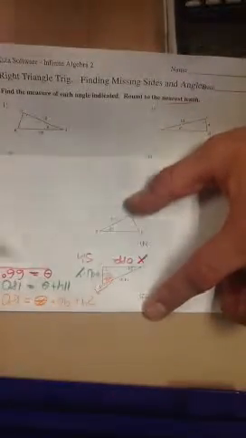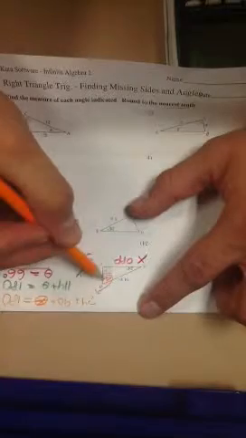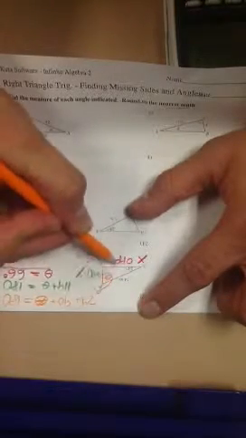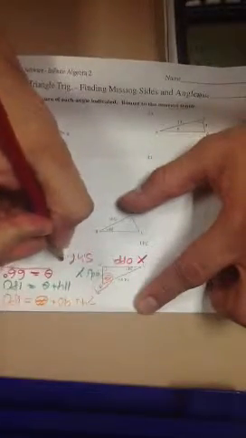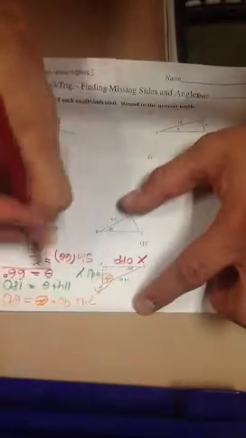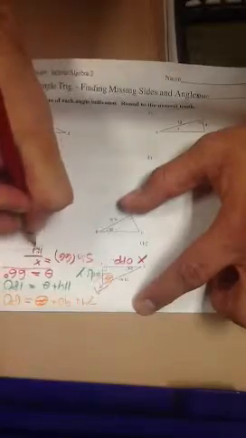So if I were to take the sine of theta, that would be the opposite over the hypotenuse. The sine of theta, which is 66, remember theta is 66, is going to be my opposite x over the hypotenuse, 14.